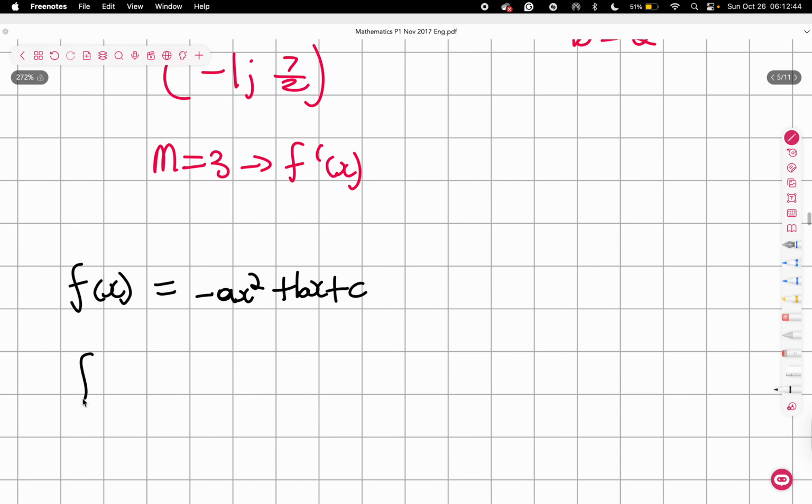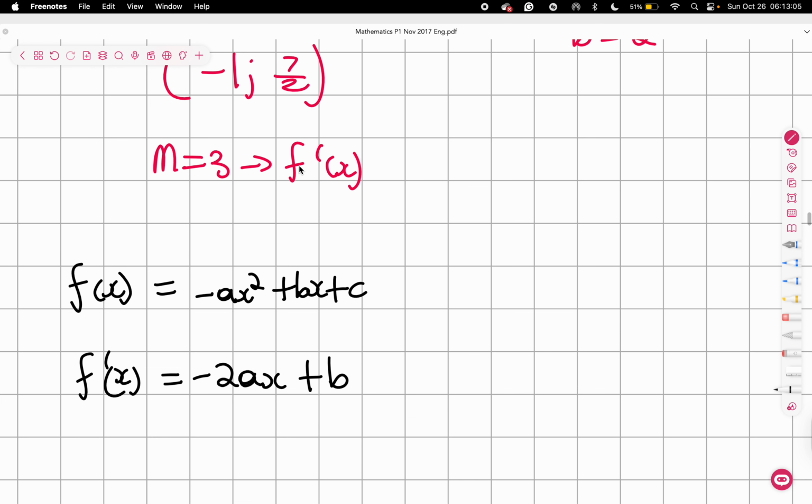The derivative f prime of x is going to be, you bring down the 2, negative 2ax plus b. Remember, the derivative of x is just 1, hence why we are left with b over here.